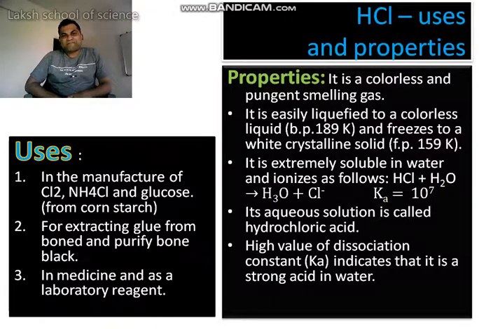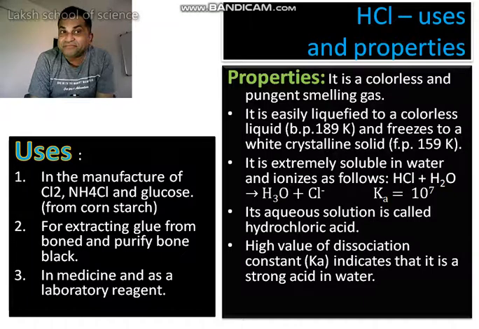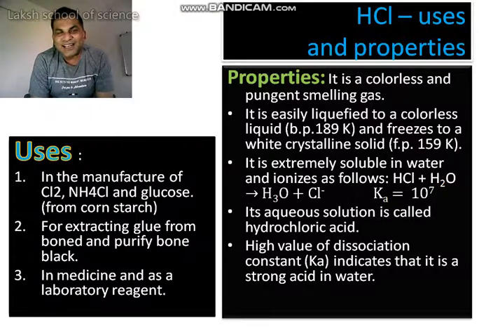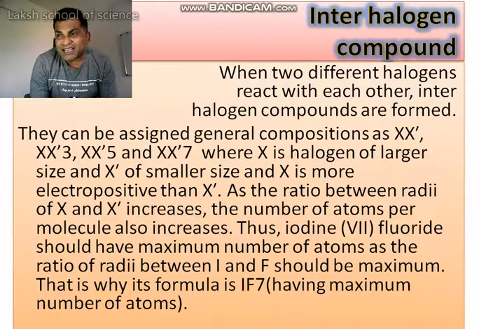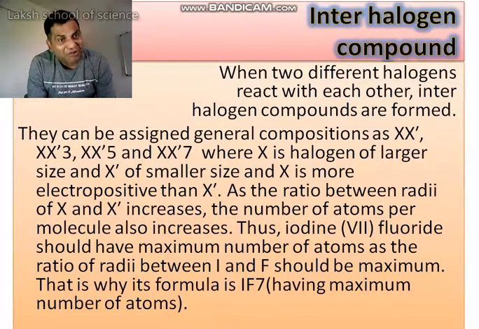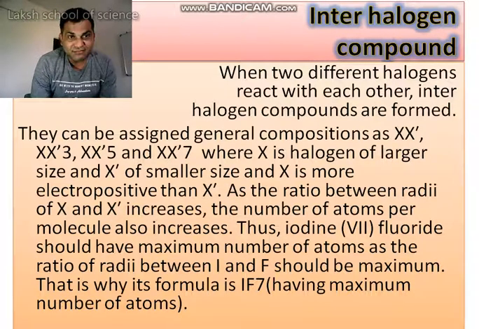When sugar is prepared, it has a yellow color, and bone black is used to remove this yellow color of the sugar. It is also used in medicine and as a laboratory reagent. So this is all about hydrochloric acid and its reactions. Now the interhalogen compounds.